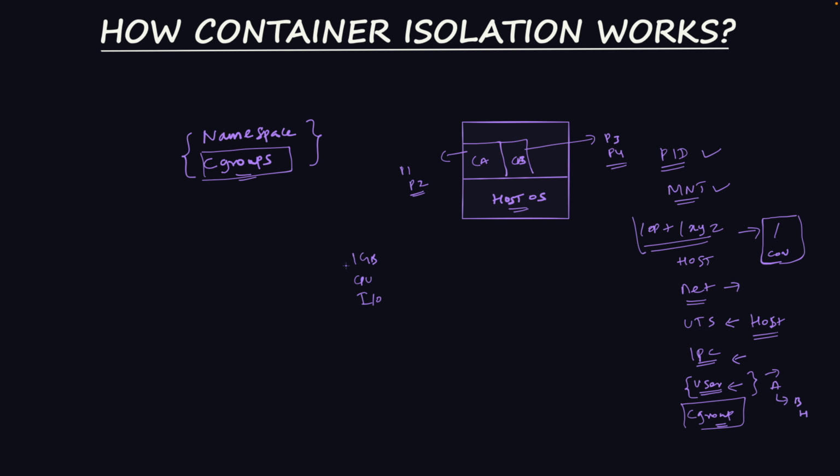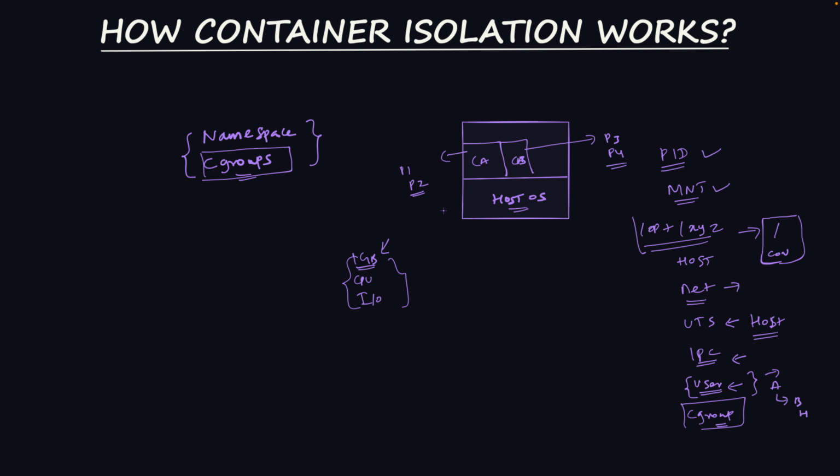We'll be able to do all of those with the cgroup, and that cgroup is basically a file. Okay, we define these restrictions in a file, and we assign that to a container. What that means is that the restriction applies to the containers that are part of that cgroup. We can also assign multiple containers to the same cgroup. In that case, if we have a 1 GB limitation on RAM, then that 1 GB is shared among all the containers assigned to the same cgroup.